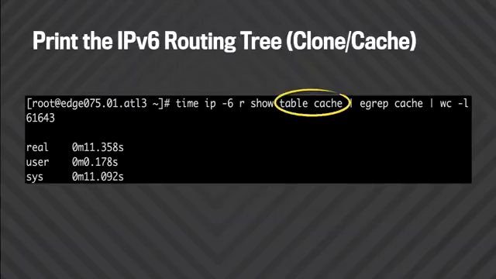But this command I showed you in this slide is asking the kernel, hey, show me all the Kong routes, or show me all the cache routes. It turns out that the tree is really huge. Instead of the 61 entries I just showed you in the last slide, the tree actually has 61,000 Kong routes in the tree. So that's why it takes a lot of time to just get all this data out from the kernel and then print it out to the terminal for you.